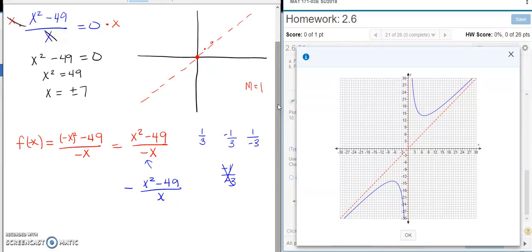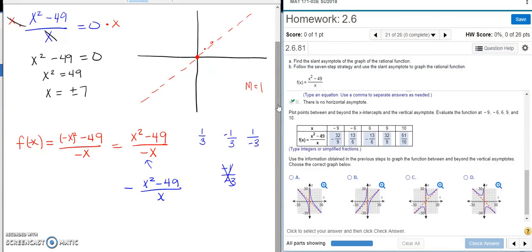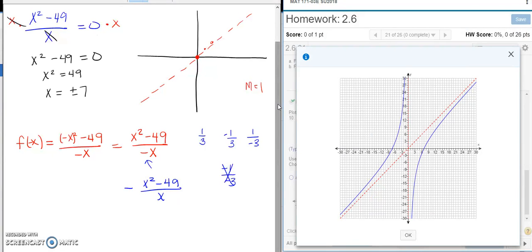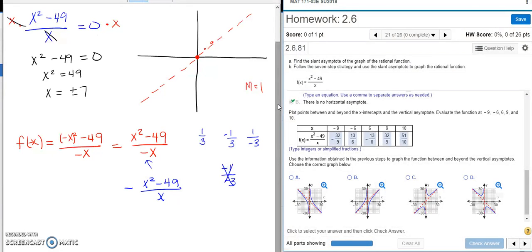Right? We found that we need x-intercepts at 7 and negative 7. So it can't be C. So B is our only option. And if I look, there's my x-intercept at negative 7 and at positive 7. Here's my vertical asymptote and my slant asymptote. So this is B. Okay?